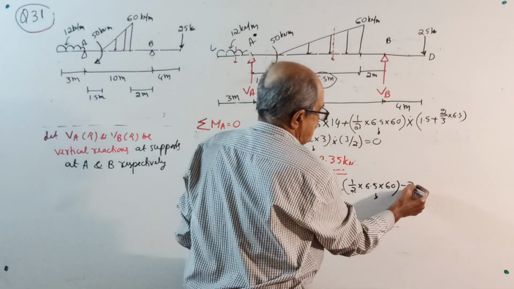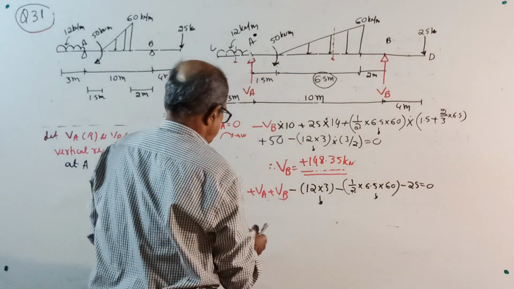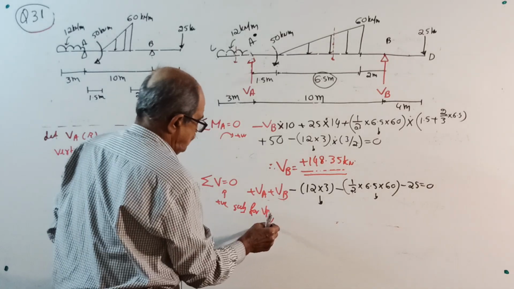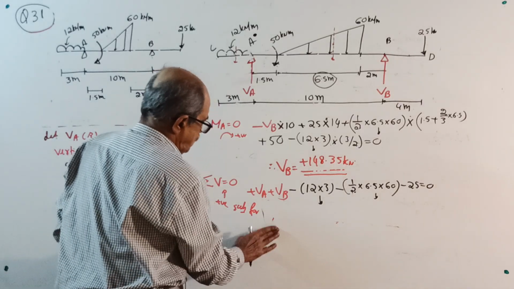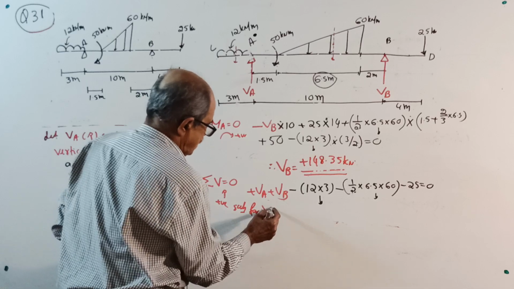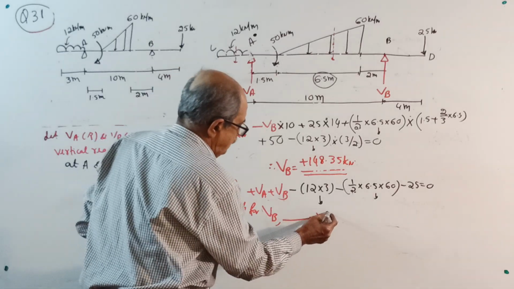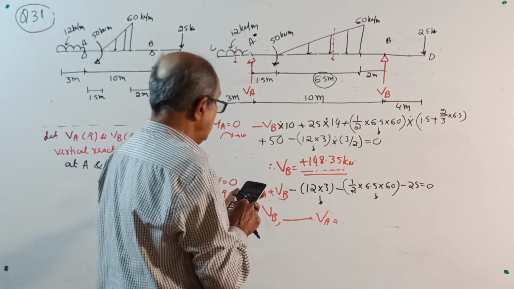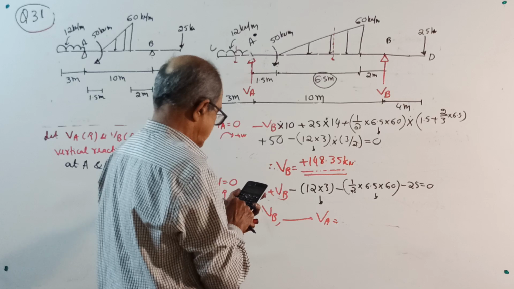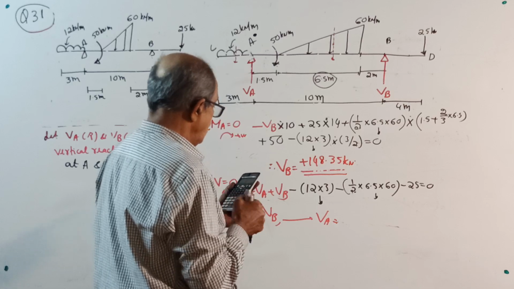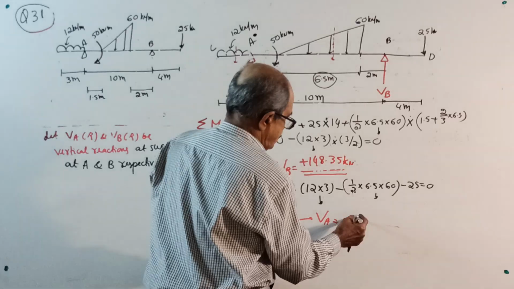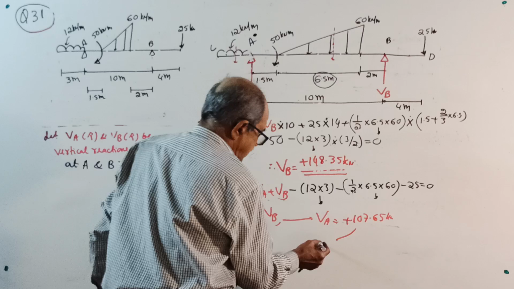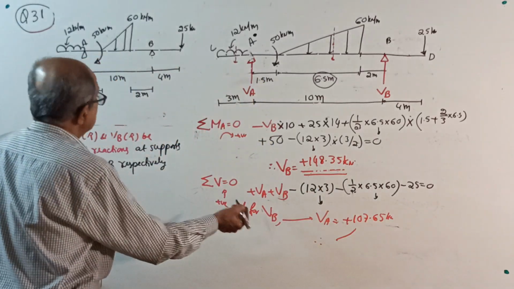Minus 25 equal to 0. Substitute whatever VB you got, you will get the value of VA. VA equals 107.65 kilonewton. Okay. Now, therefore, support reactions are as shown below.